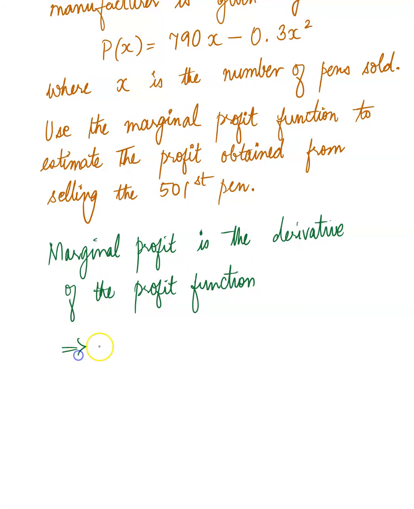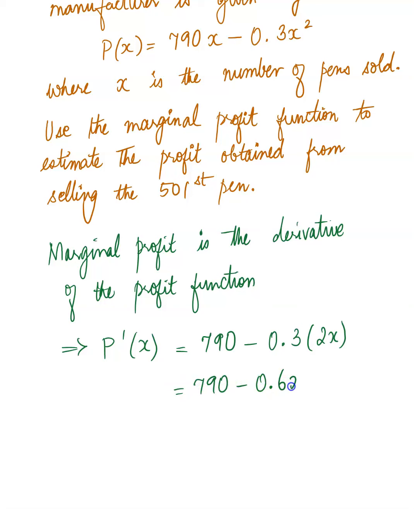That means you take the derivative, P prime of x, and that comes out to be 790 minus 0.3 times 2x, which is 790 minus 0.6x.